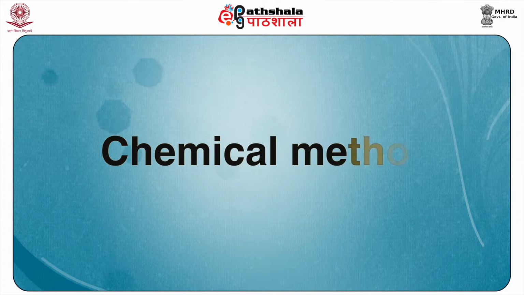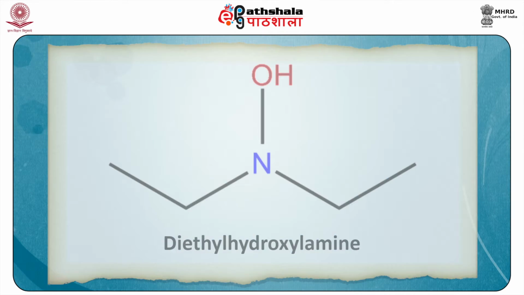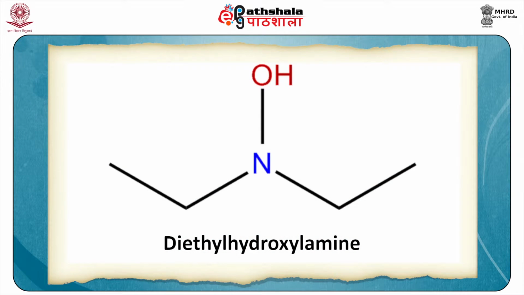The photochemical smog can be suppressed by the chemical method. Diethyl hydroxylamine is sprayed into the air and generates free radicals which readily combine with free radicals of photochemical smog.